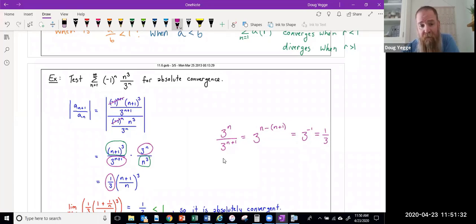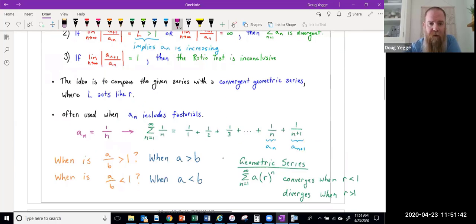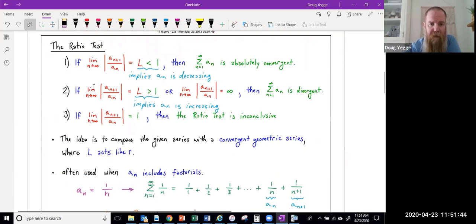So now I've got n plus 1 cubed over n cubed, which I can simplify to just n plus 1 over n, cubed. So from the ratio test, notice what we're doing. We're taking the limit as n approaches infinity and trying to figure out if it gives me a number bigger than 1 or smaller than 1.